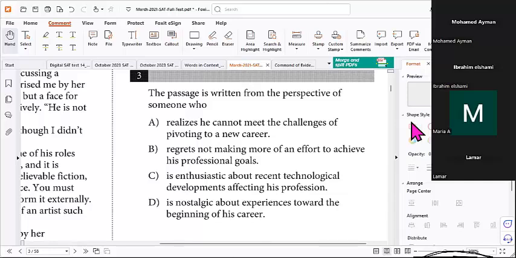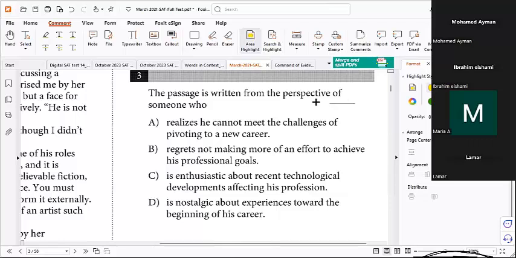The passage is written from the perspective of someone who. From which perspective was this passage written?